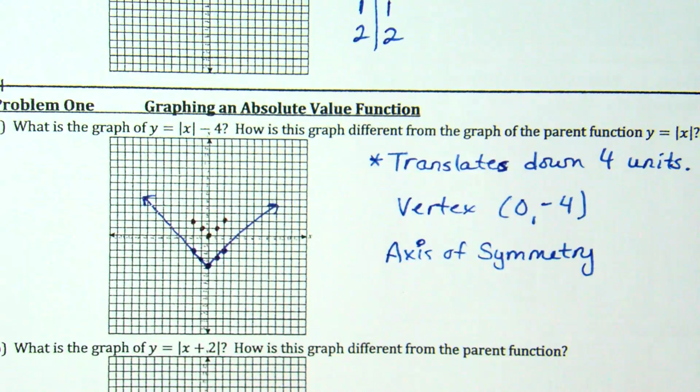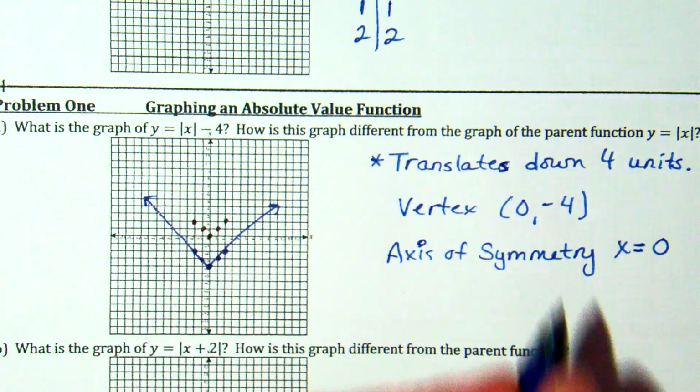The y-axis, right? What is the equation for that y-axis? It's a vertical line, goes through what number on the x-axis? 0. So the axis of symmetry is x equals 0. An axis of symmetry is always a vertical line. It's always x equals whatever number it goes through.